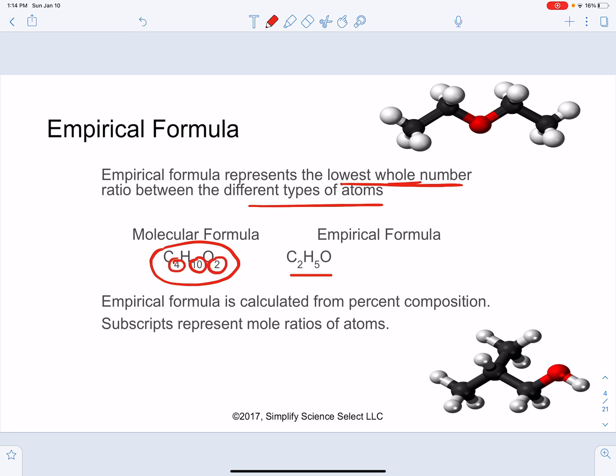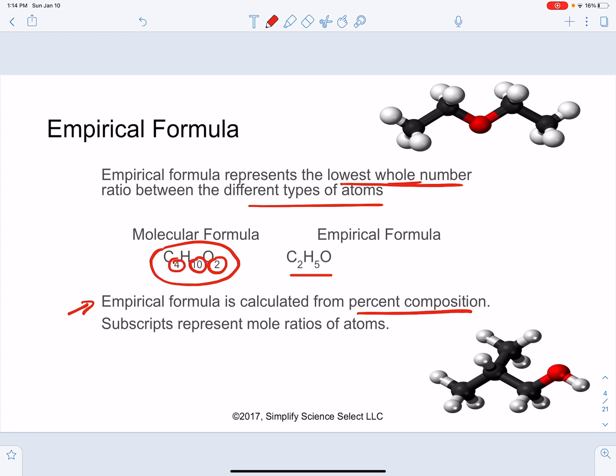And it's important to be able to do that with molecular formulas and empirical formulas, because we're going to be learning how we're going to use something called percent composition to actually write out an empirical formula of a mystery substance. And then we'll be able to convert those empirical formulas up into molecular formulas to show the actual chemical formula of a compound.